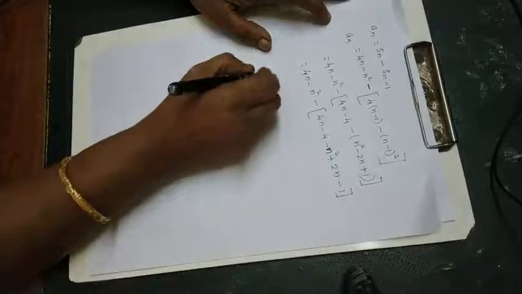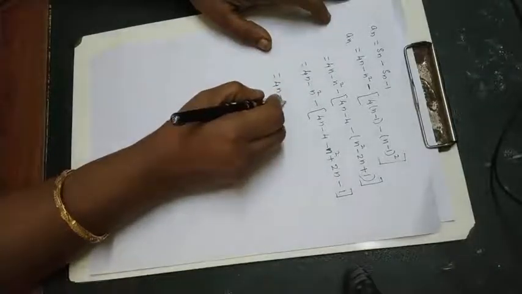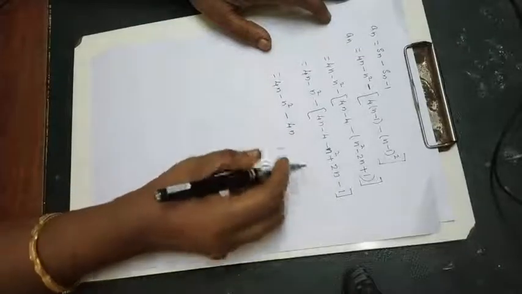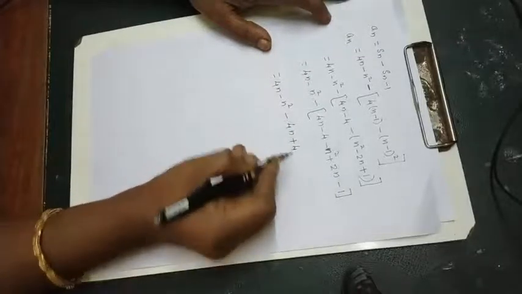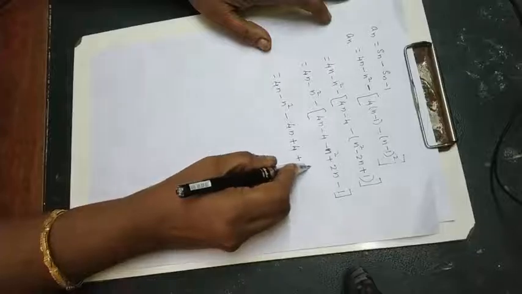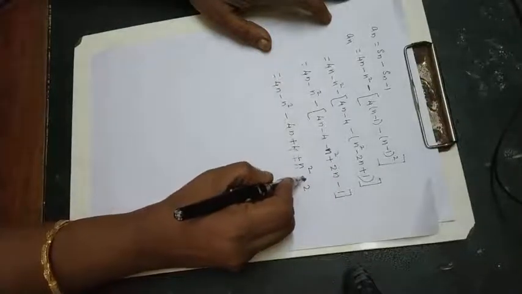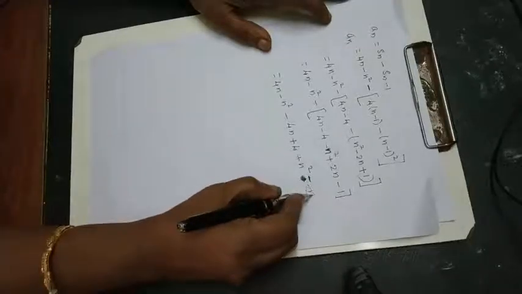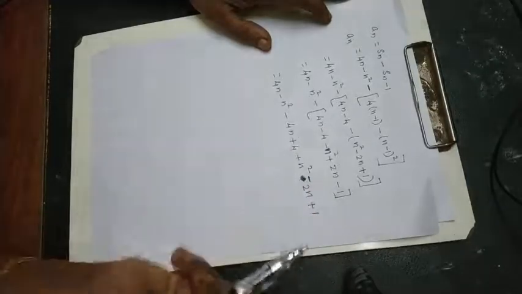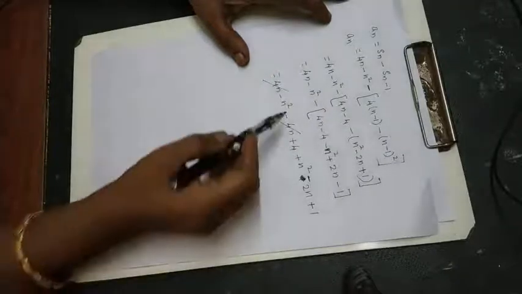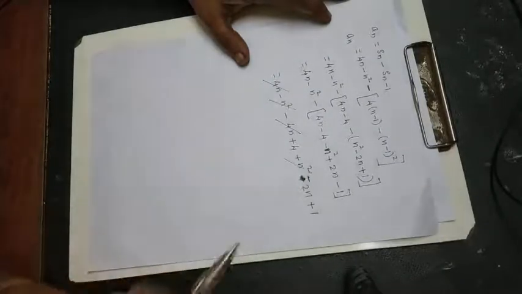Now 4n minus n square, open the bracket, minus 4n plus 4 plus n square minus 2n plus 1. So certain terms will get cancelled. 4n, negative 4n, n square, positive n square. Plus 1, plus 4, that is 5 minus 2n.